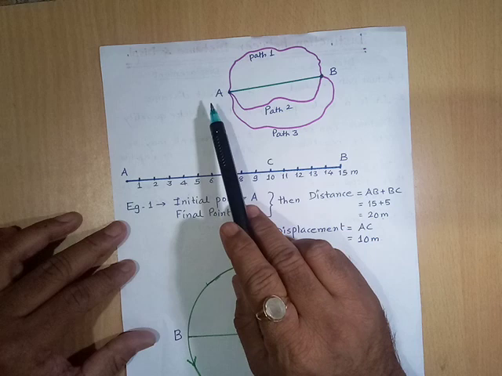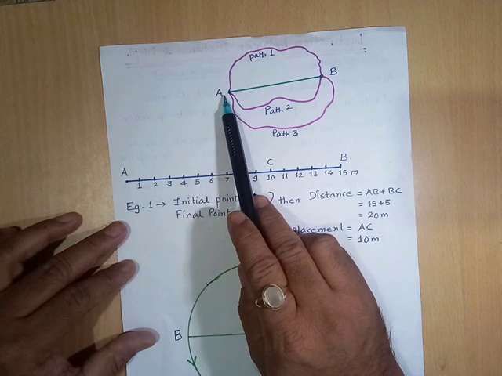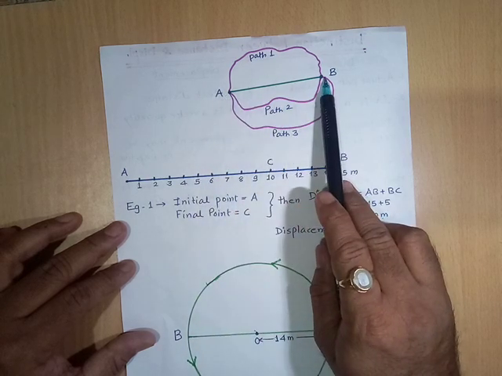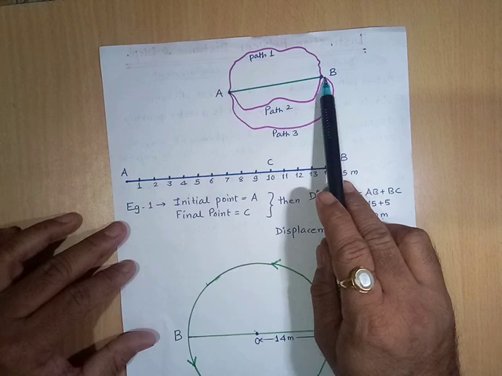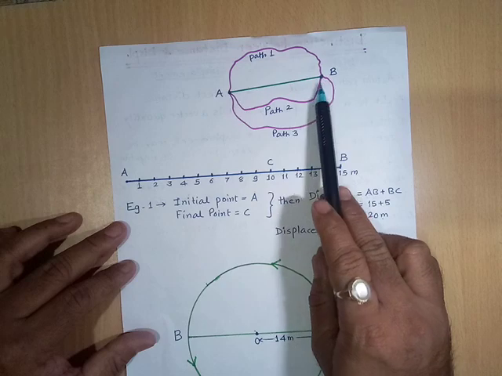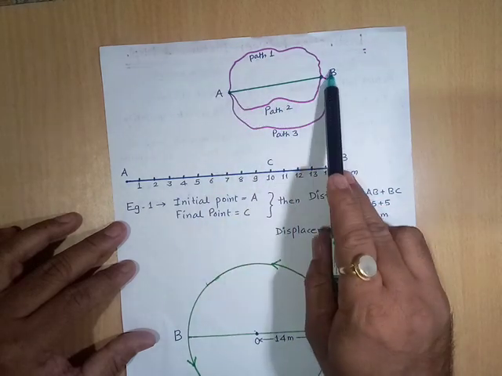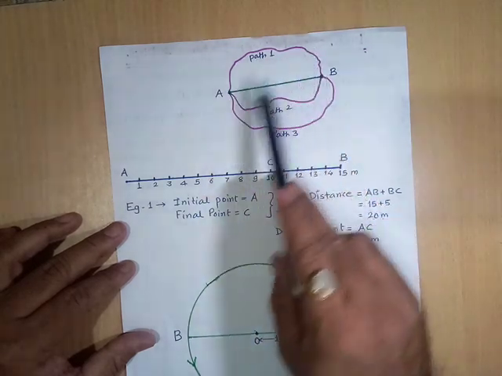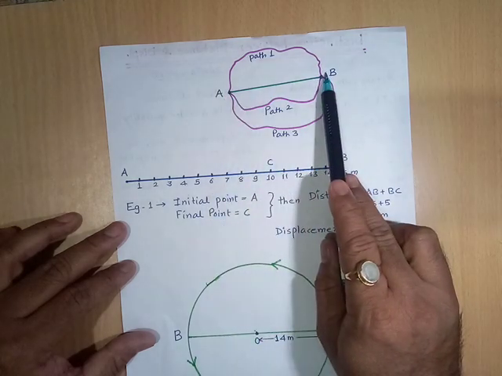So let's imagine that during the motion of the object from initial point A to the final point B, there are various paths by which the object may reach from point A to point B. Let us imagine this is the first path by which the object may be reaching from initial point A to the final point B.